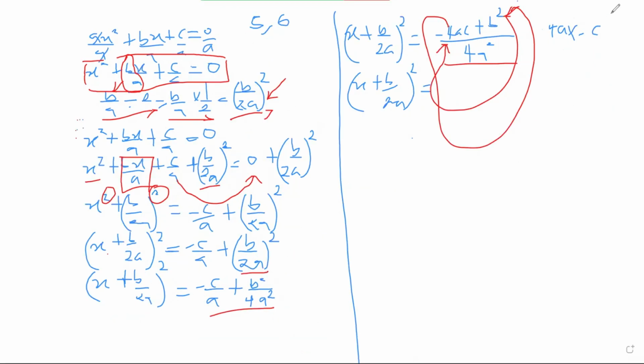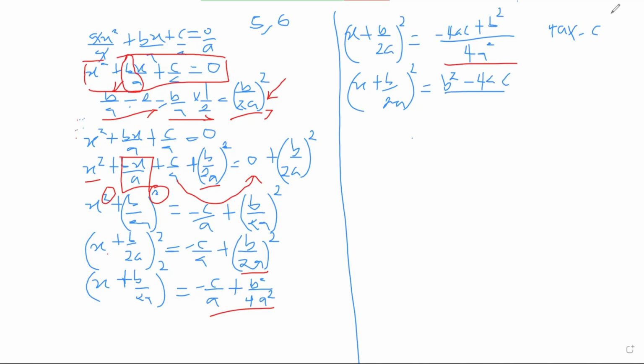Let's just do a swap. It's still the same thing provided the signs remain the way they should be. So we're going to have b squared minus 4ac over 4a squared.